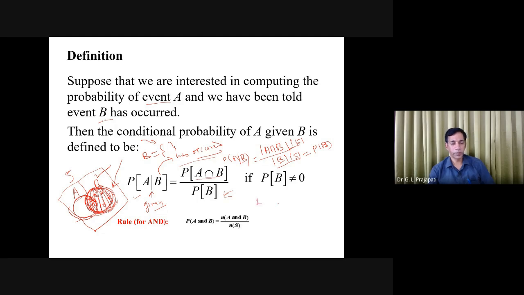So that's why this formula comes. As soon as you are told that event B has occurred, the sample space is reduced from S to the sample space of B. This is important. So that's why you have to divide by B.